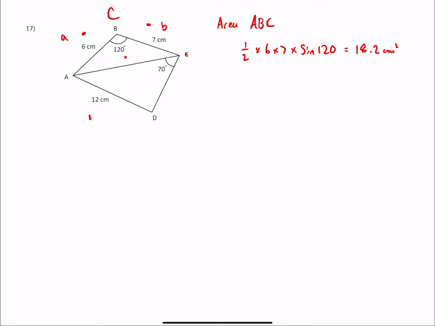And now I'm going to work out the side length AC, so that I can use that information in my second triangle. So again, I've got two sides and the angle between, looking for a third side, using the cosine rule.